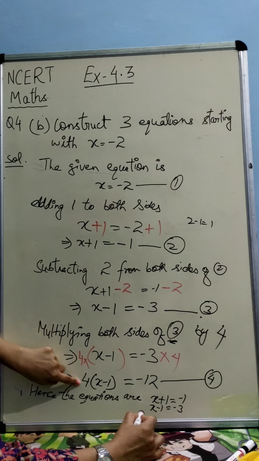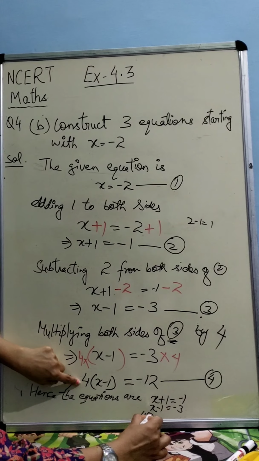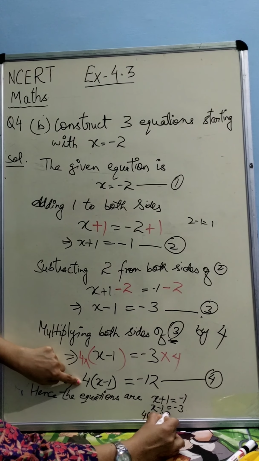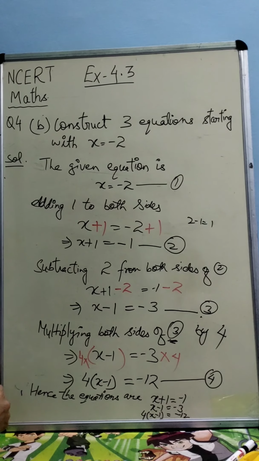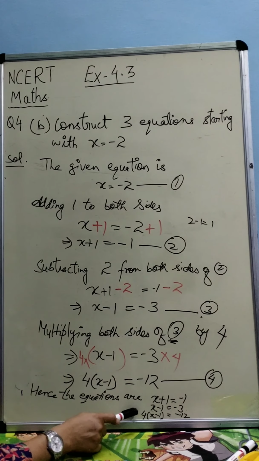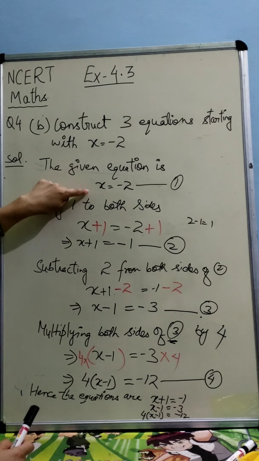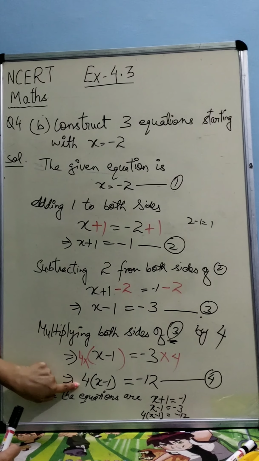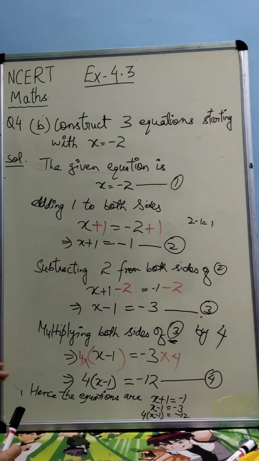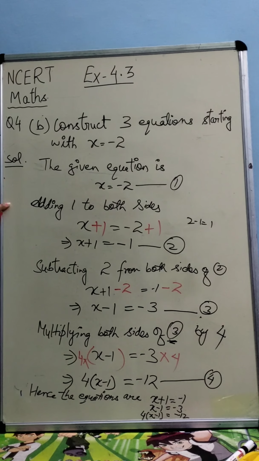And the last is this, 4 into x minus 1 is equal to minus 12. So these are the 3 equations formed from this given equation. First is this, second is this, and third is this. I hope this is clear to everyone. The first part of this, that is the A part, you can try yourselves in your notebooks.